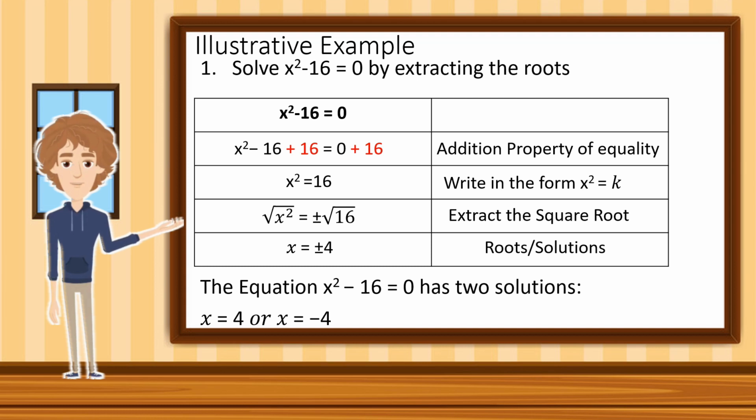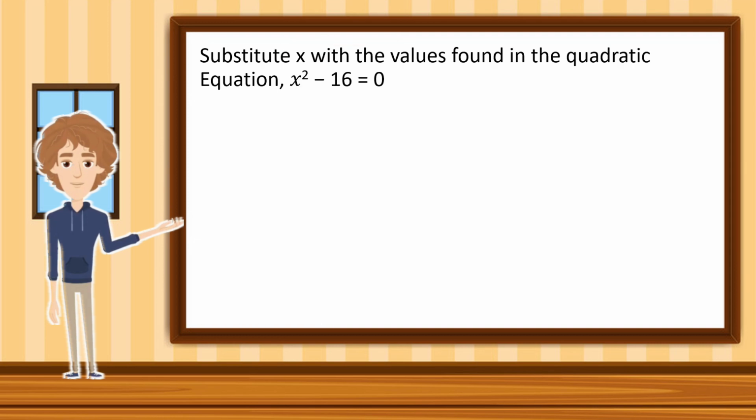Now let us check if those two roots are correct. To check, we will substitute x with the values found in the quadratic equation x squared minus 16 is equal to 0. Let us first substitute x is equal to negative 4.